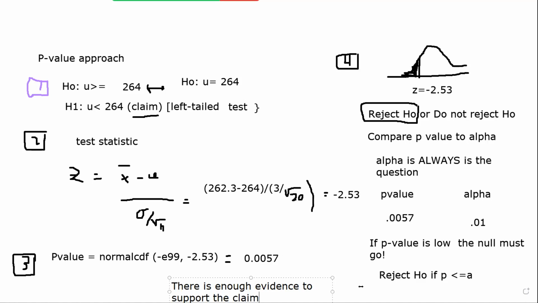Remember, there's a flow chart for these options, but that's how this looks. There is enough evidence to support the claim.